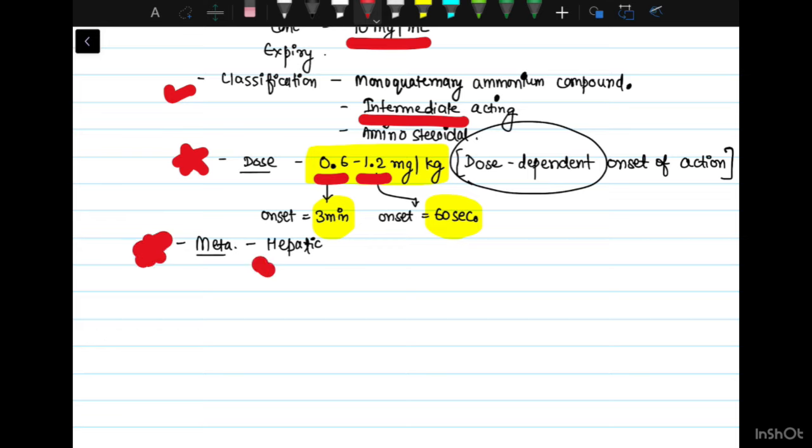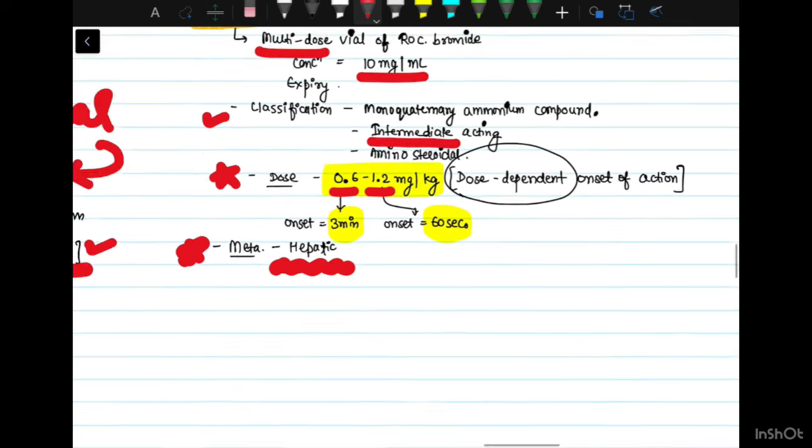Metabolism is primarily hepatic. So as I told you, in a clinical scenario where a patient has chronic liver disease, rocuronium should be avoided altogether. Vecuronium can be used, but how it can be used, that I'll tell you. But rocuronium should be avoided in chronic liver disease or hepatic failure cases.